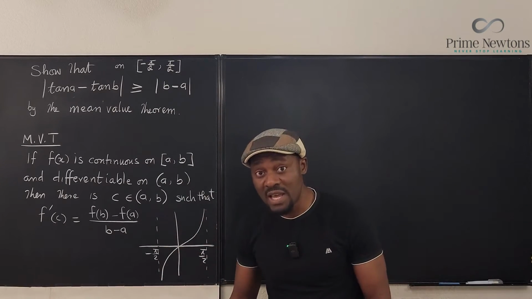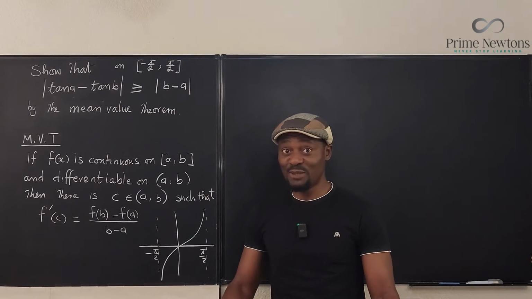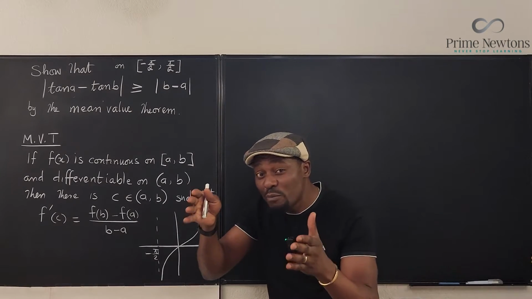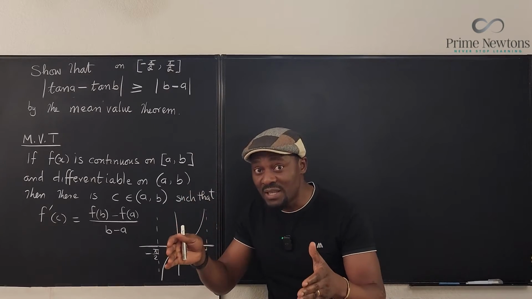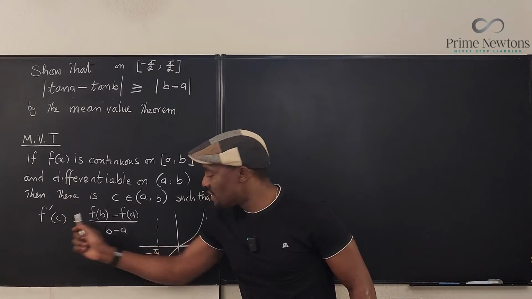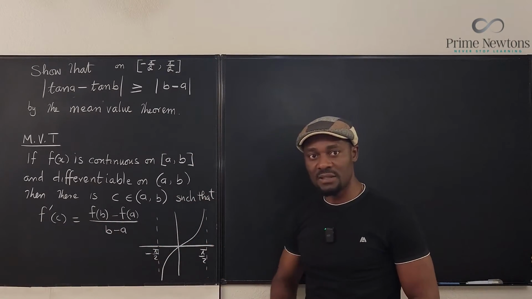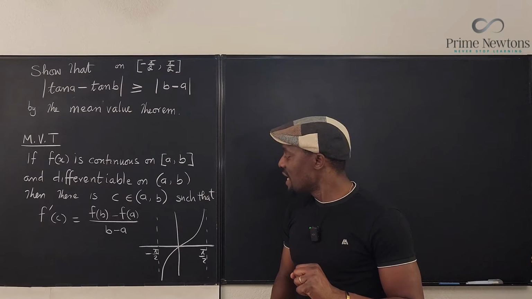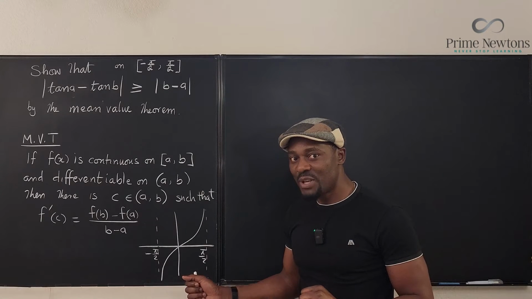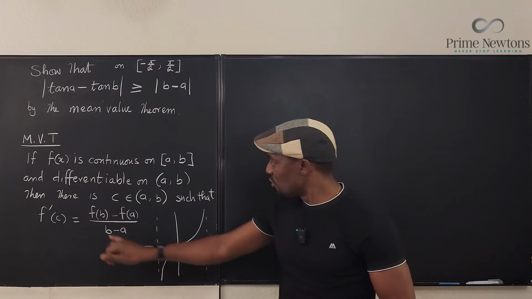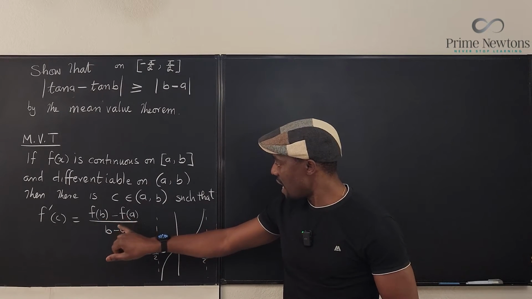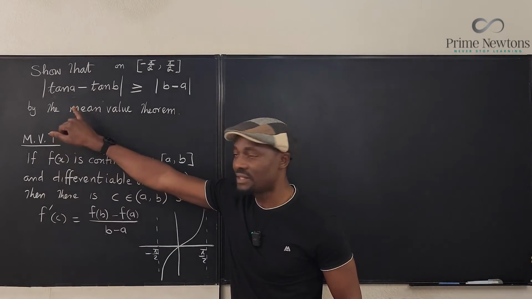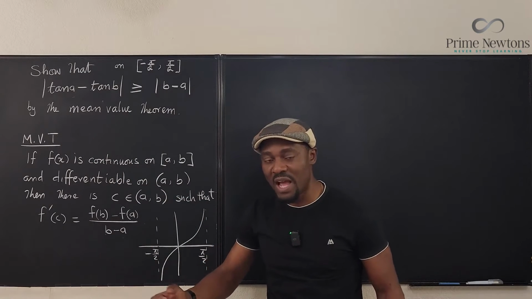We don't know what b is. We don't care at this point. It doesn't matter what they are, but if you pick any 2 points, a and b, you will always find a c between them that satisfies this condition. And that's why this is easy, because all you need now is just write tan b, write tan a, write b minus a, and know what the derivative of tangent is, because that's the function. If you're able to do that, you answer it.